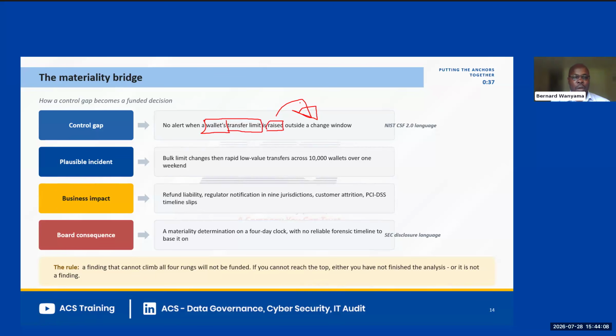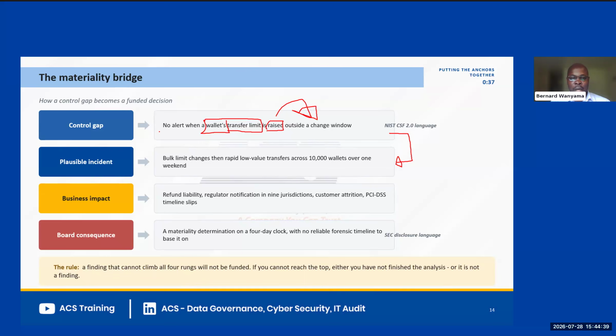So looking at this control gap that has been identified, you speak to what it can result into if somebody went ahead to do all these things in a bulk way and then created a situation where 10,000 wallets have been impacted over one weekend when people are not monitoring and people are not in the office. What does that mean to the business?